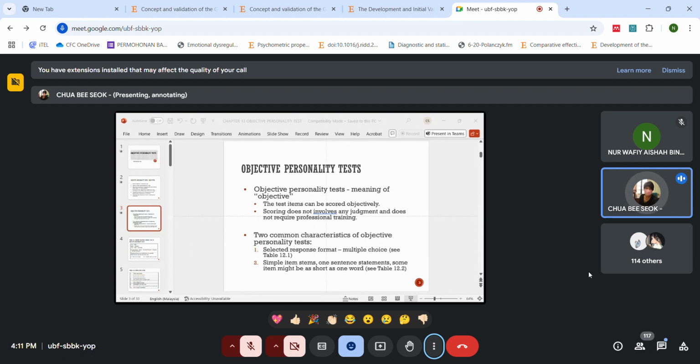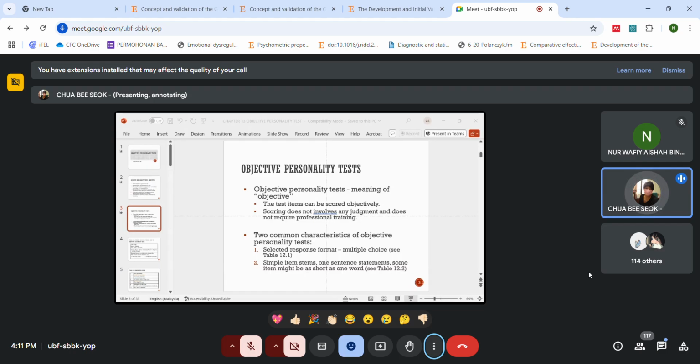For the objective personality test, there are two common characteristics. One is the selected response format, which means multiple choice. The other characteristic is that the items, meaning the statements, are very simple.